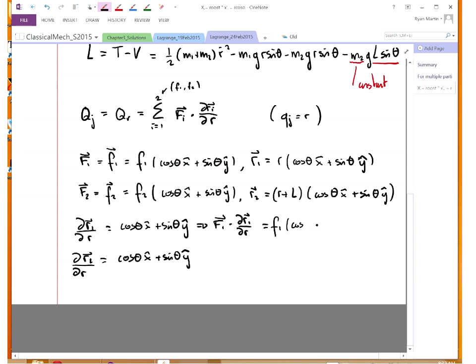That's cos squared theta plus sine squared theta, since the x components give cos squared and the y components give sine squared, and cos squared theta plus sine squared theta is equal to 1. And then for the second force, F2 dotted with dR2 by dr, that's simply going to equal F2 times cos squared theta plus sine squared theta.